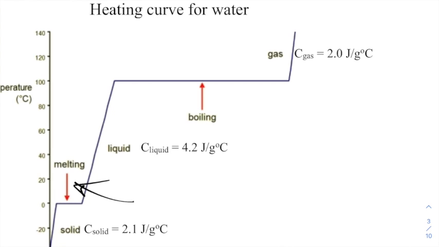Factor number two, you're going to have melting, where we're going to have L of F times M, or boiling, where you're going to have L of V times M. And then, if that's not bad enough, please note that the boiling and the melting points are different from substance to substance.